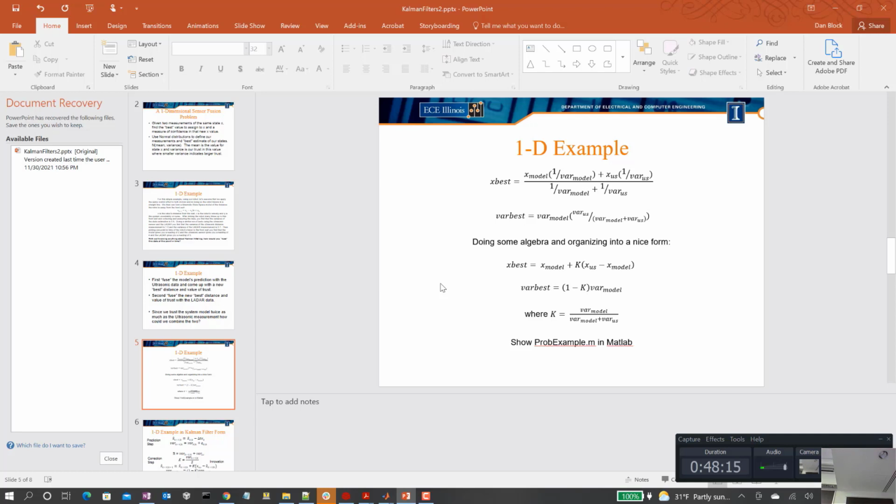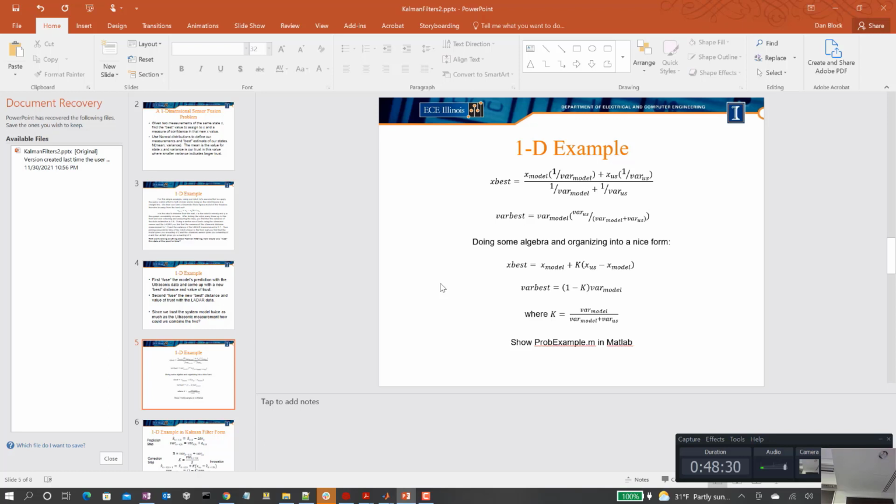So this is the correction step. We say that our new best guess is equal to what our model's been saying plus k times our measurement minus our estimate, right?